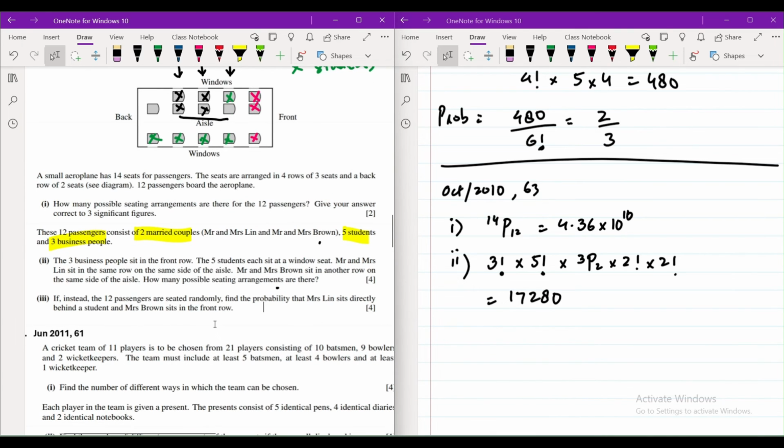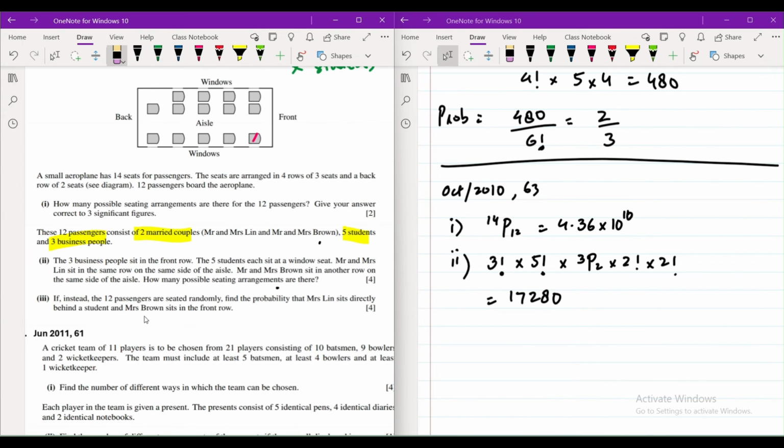If instead the 12 passengers are seated randomly, find the probability that Mrs. Lin sits directly behind a student and Mrs. Brown sits in the front row. Now for this we have to think a little bit.